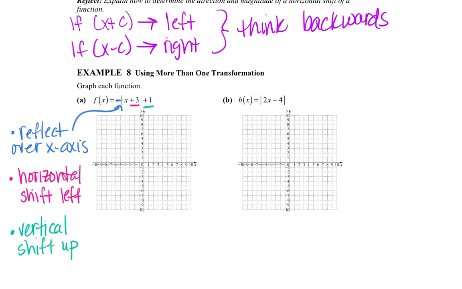So if you think of a reflection over the x-axis, that's going to be x, negative y. A horizontal shift left means you are subtracting 3 from all the x values. And a vertical shift up, x is staying the same and all the y values are changing.